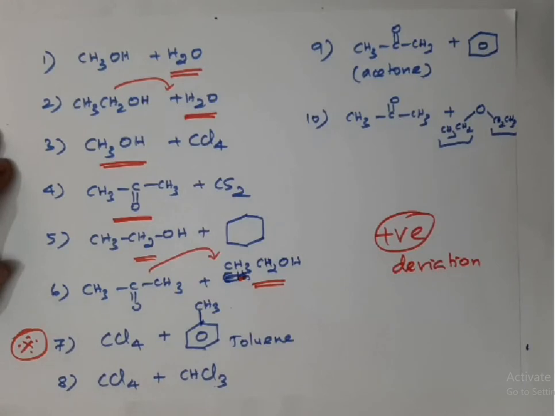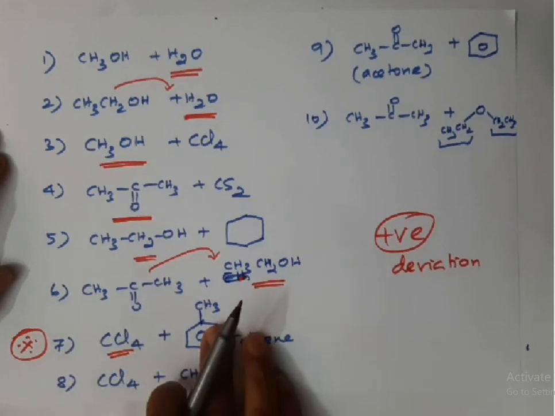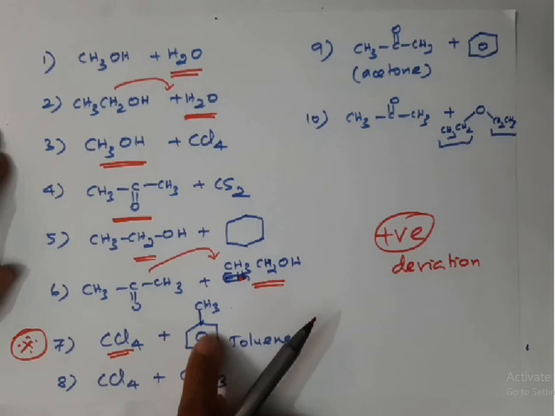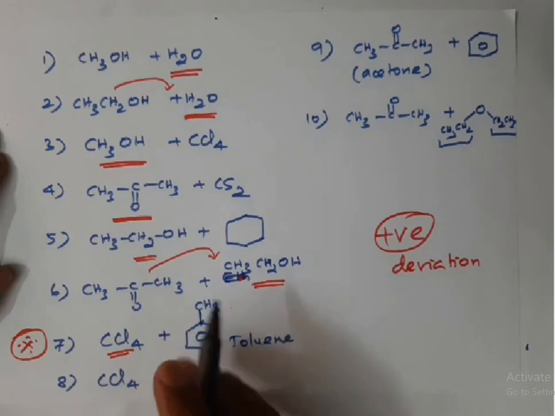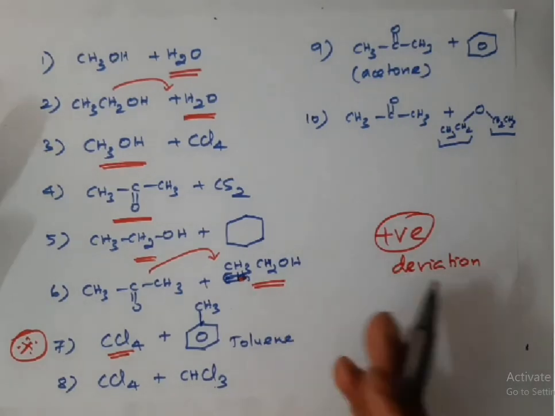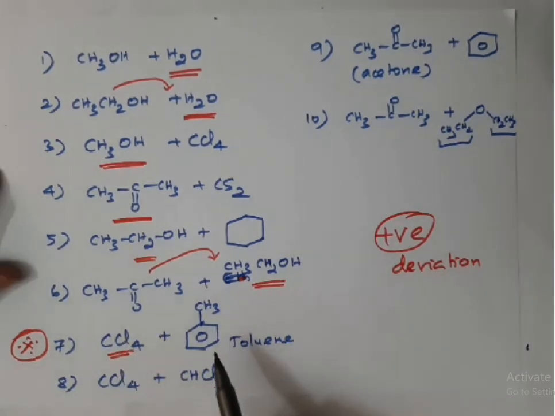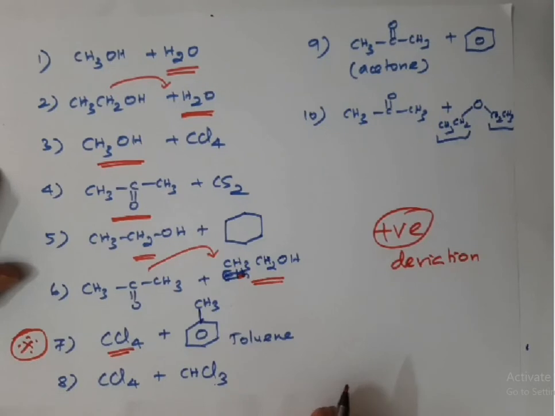Here carbon tetrachloride is a perfectly nonpolar molecule. But in toluene there is pi-pi attraction. Here we have pi electrons, and in other toluene molecules also we have pi electrons. So there will be some kind of pi-pi attraction. But if you add CCl4, that attraction decreases. So on average the attraction decreases.